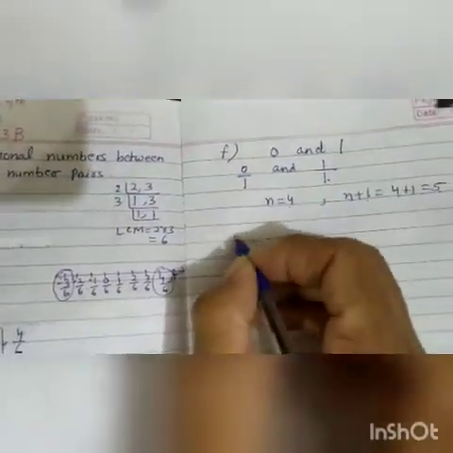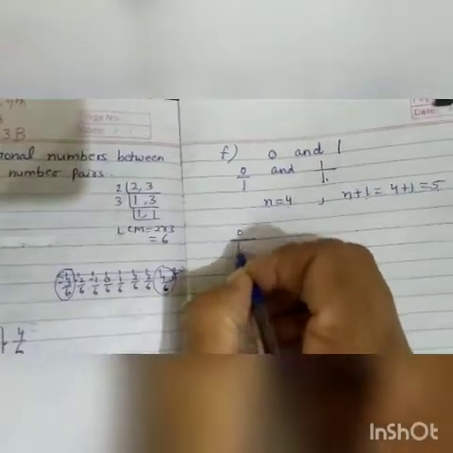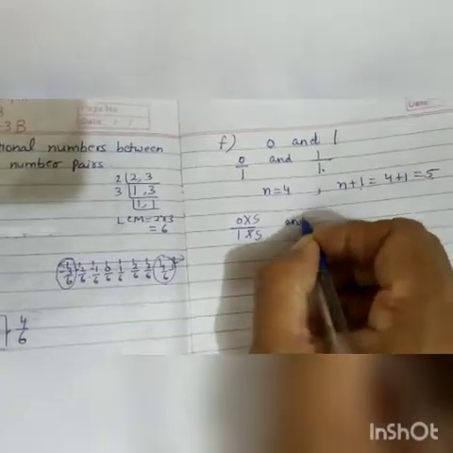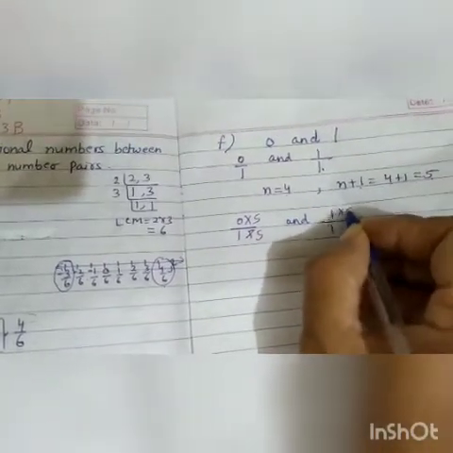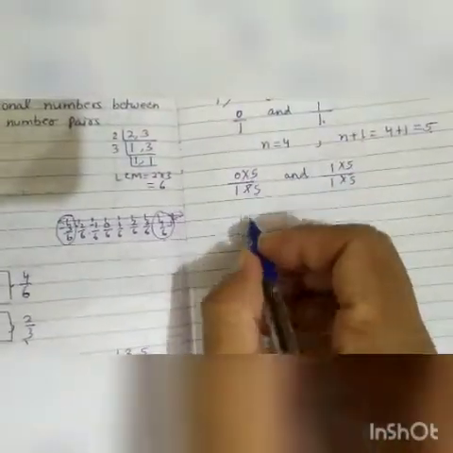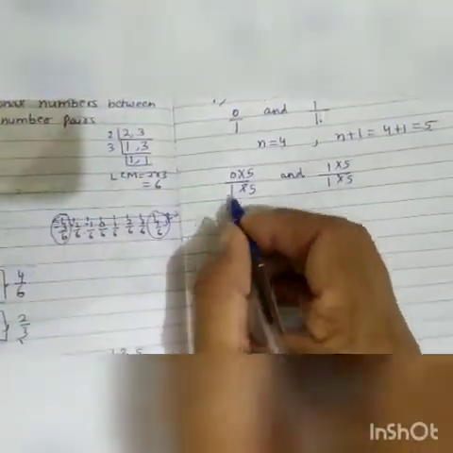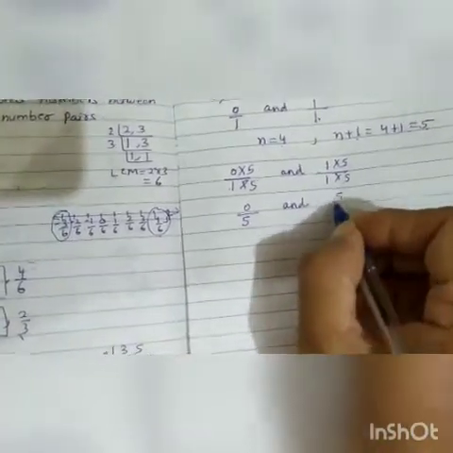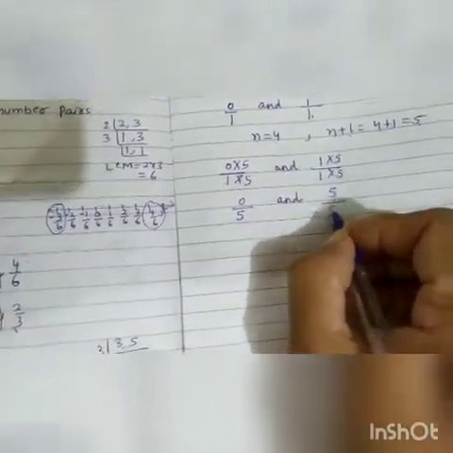So we will write 0 upon 1 multiplied by 5, and 1 upon 1 multiplied by 5. 5 times 0 is 0, so 0 upon 5, and 5 times 1 is 5, so 5 upon 5.